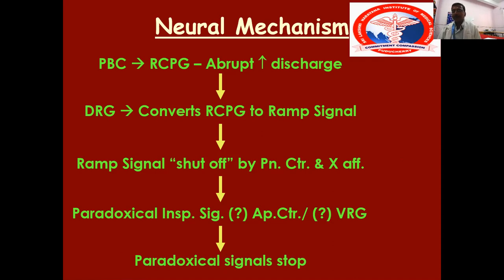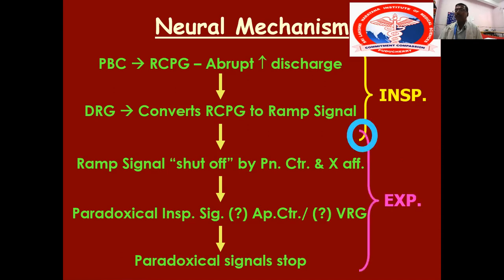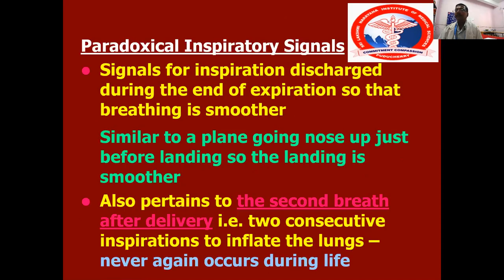Paradoxical inspiratory signals coming from the PBC centers or from the VRG, the paradoxical signals stop. Okay, so the first two steps are inspiration and the last three are expirations. So both inspiration and expiration are controlled by the neural mechanism, which occurs in the brain.